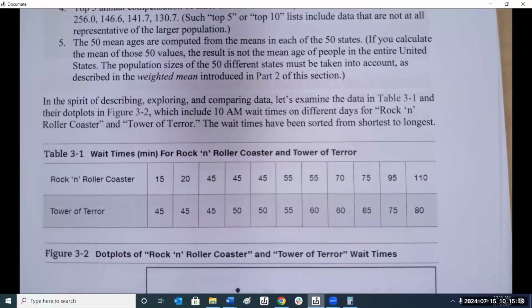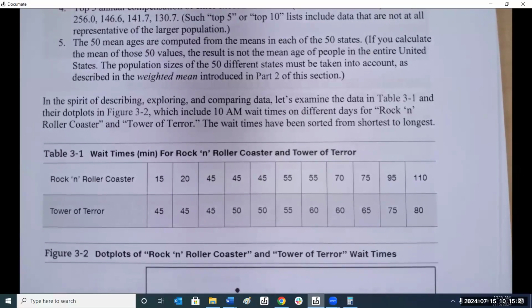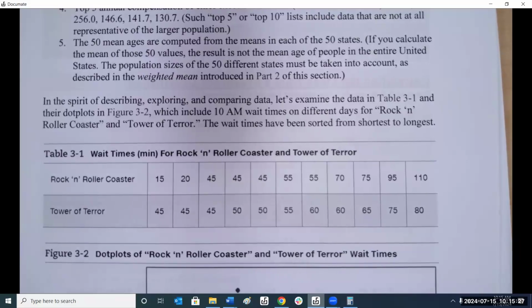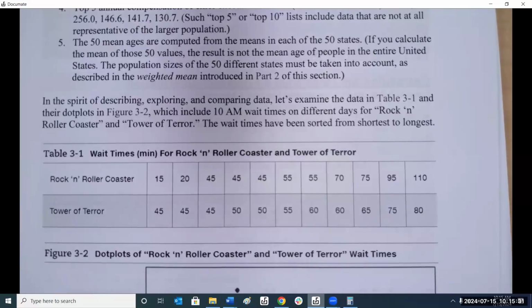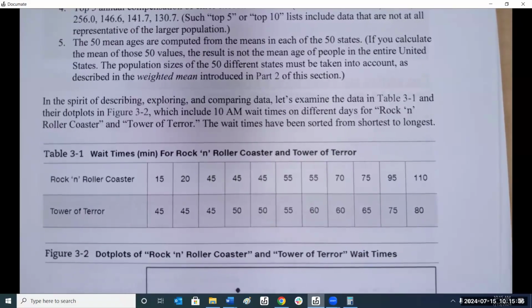But the Tower of Terror is always busy. It's always a consistent line. So no matter when you go, you're going to be waiting either 45 minutes to 80 minutes in line. So out of the two, the better ride looks like Tower of Terror because it's always busy.